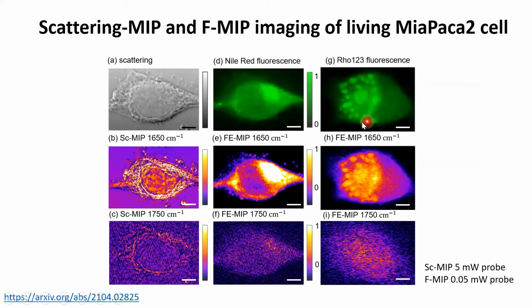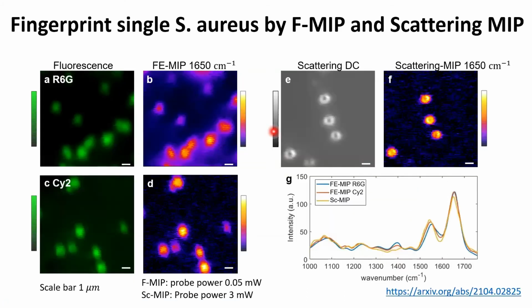So you get additional information while you do the vibrational spectroscopy. In principle, we could, for example, use GFP to label a specific protein and then detect the secondary structure of the protein.